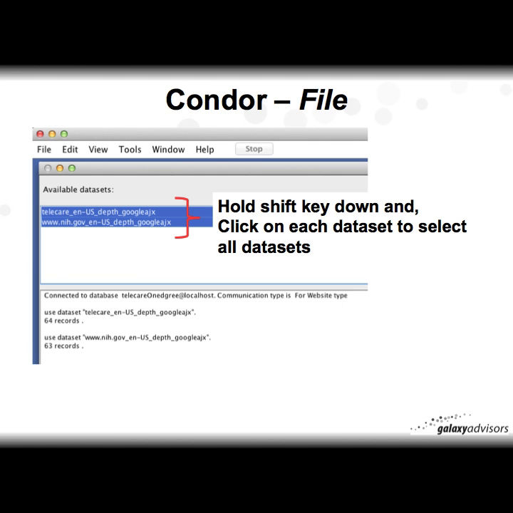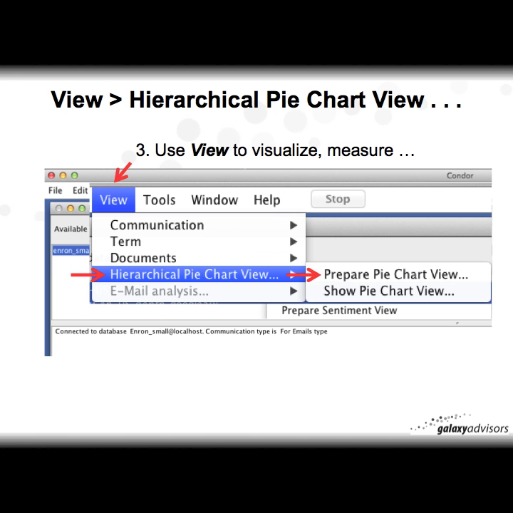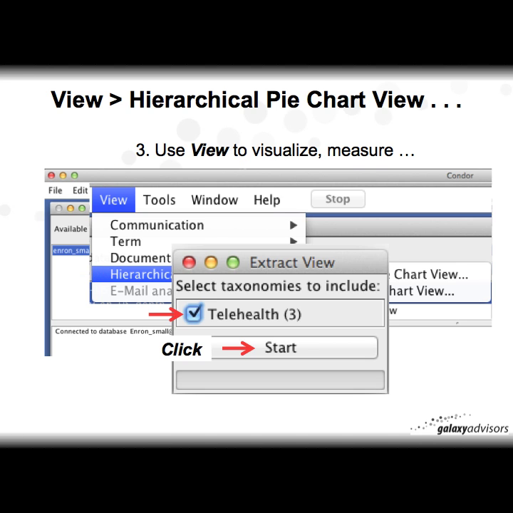So I'm going to highlight both data sets by holding the Shift key down and selecting each one at a time. Then a little record number will show up. I'm going to then click View, Hierarchical Pie Chart View, Prepare Pie Chart View, and I'm going to select Telehealth and click Start. And then I'm going to click Close once it's finished.